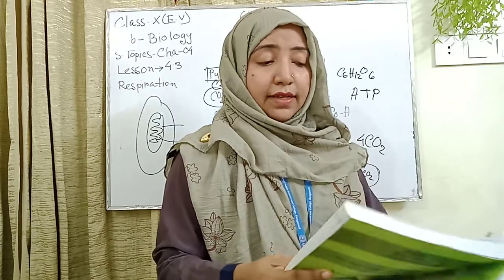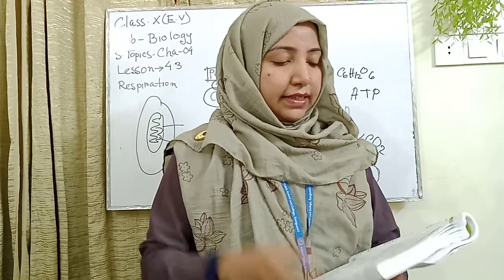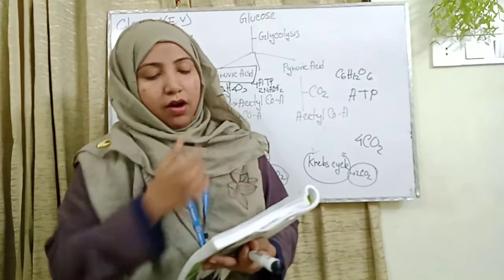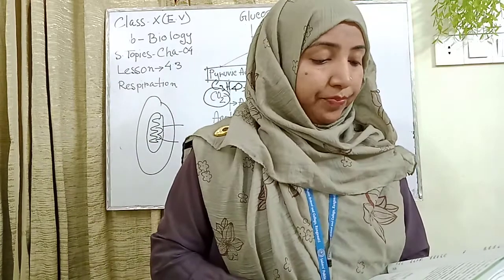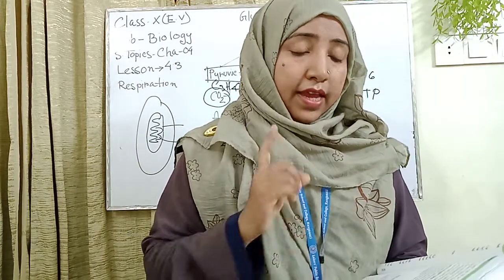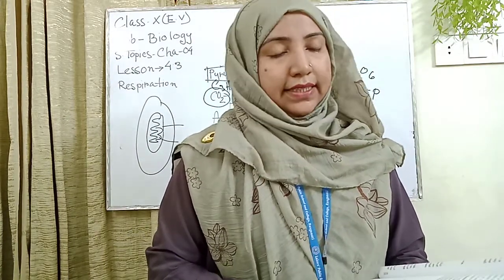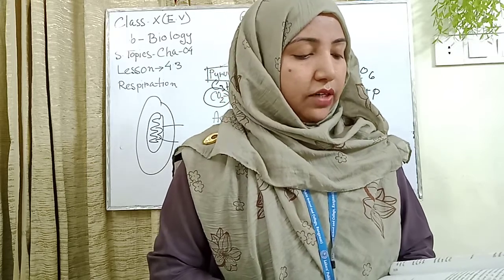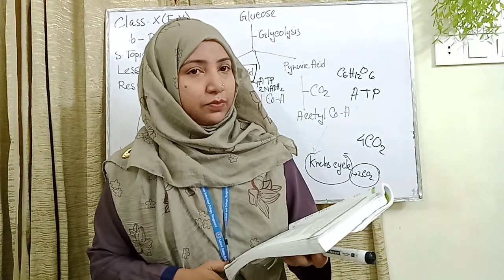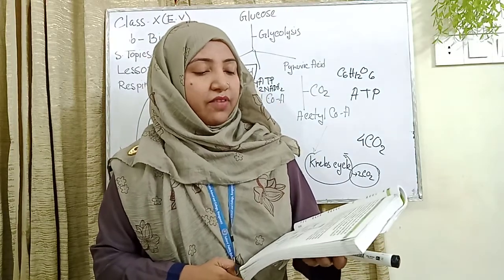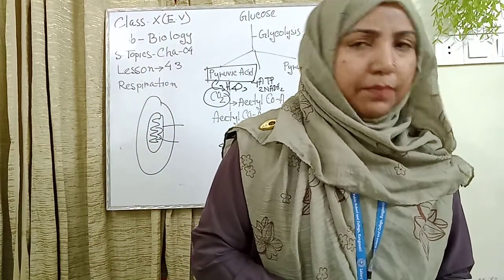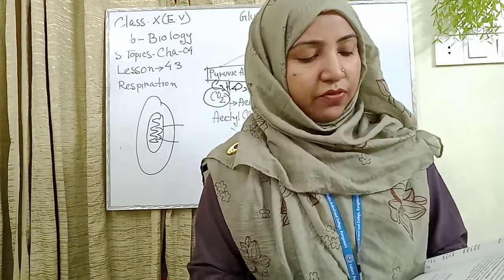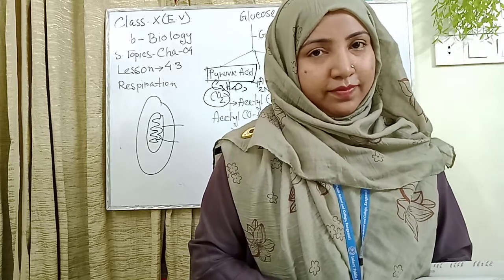Acetyl-CoA enters the mitochondria and participates in the Krebs cycle, and all the reactions of the cycle occur in the mitochondria. From every 1 molecule of acetyl-CoA, 2 molecules of carbon dioxide, 3 molecules of NADH plus H plus, 1 molecule of FADH2 and 1 molecule of GTP, guanosine triphosphate, are produced.